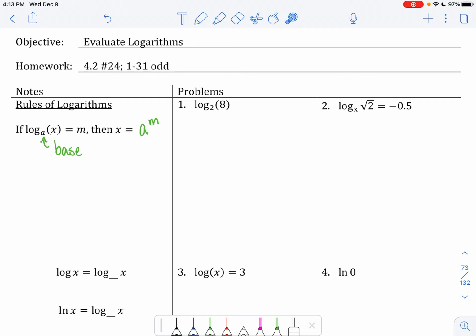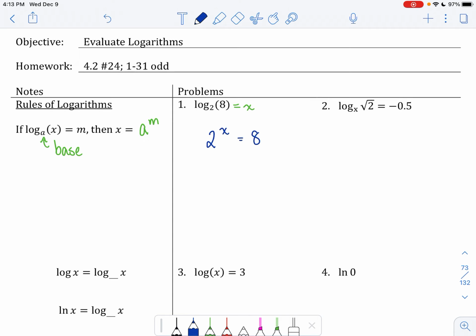Now, what that means is when we evaluate logarithms, like here it says log base 2 of 8, what I think helps sometimes if you're stuck is think about it like that's equal to a variable, and then write it in exponential form. So since it's equal to the exponent, this is saying that log base 2 of 8 is equal to x.